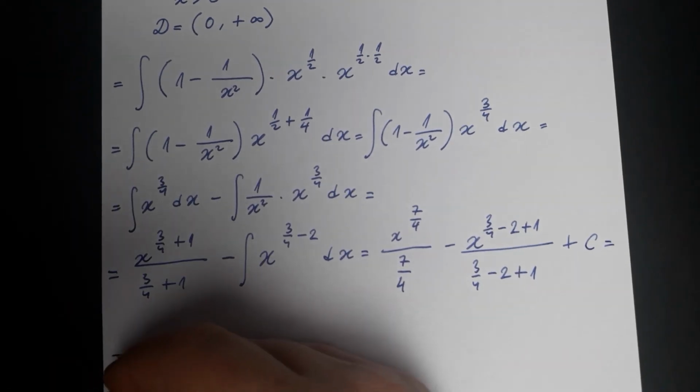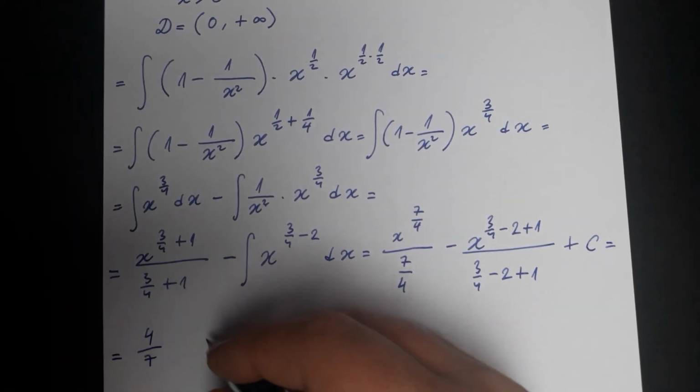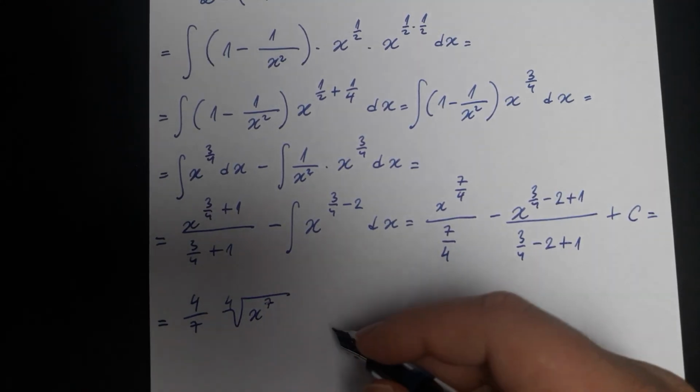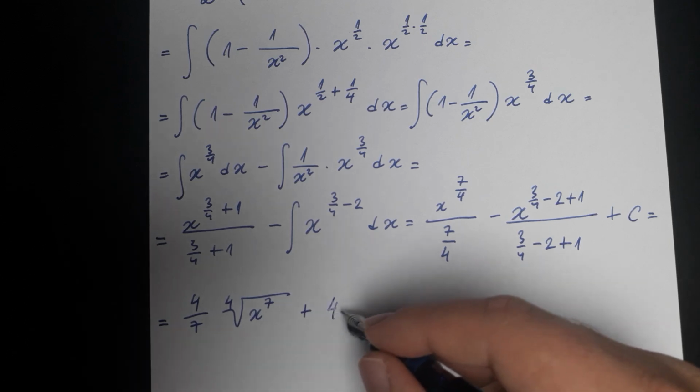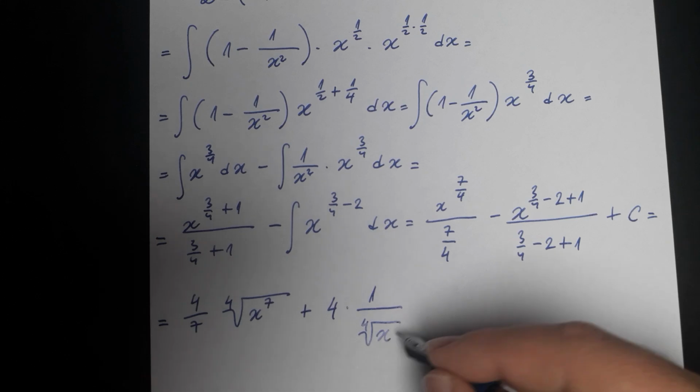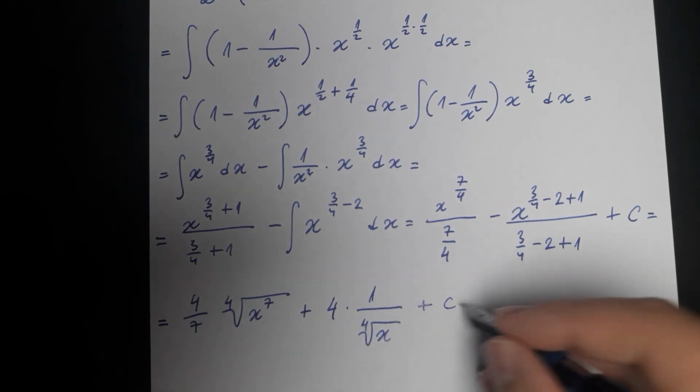This is then equal to 4 divided by 7, the fourth root of x to the power 7, plus 4 times 1 divided by the fourth root of x, plus c.